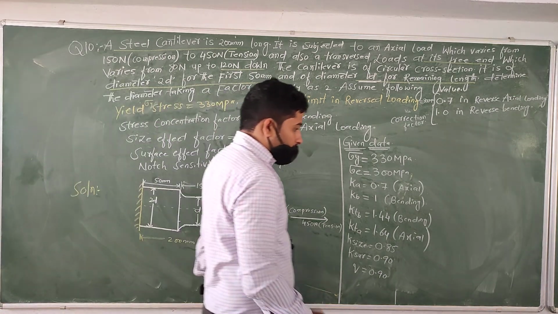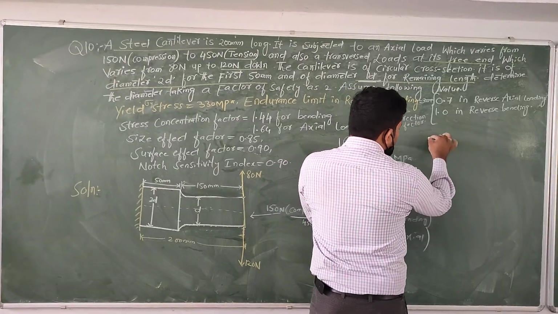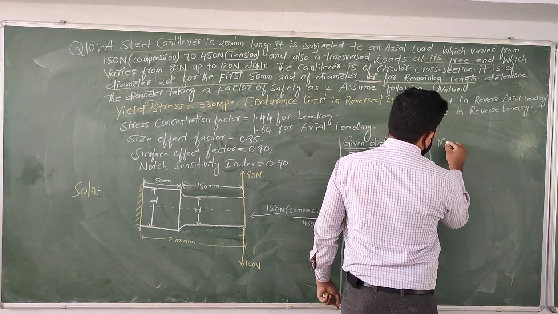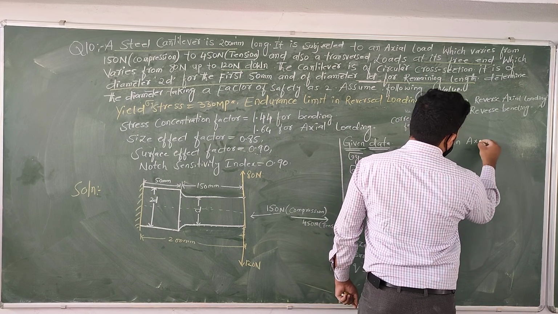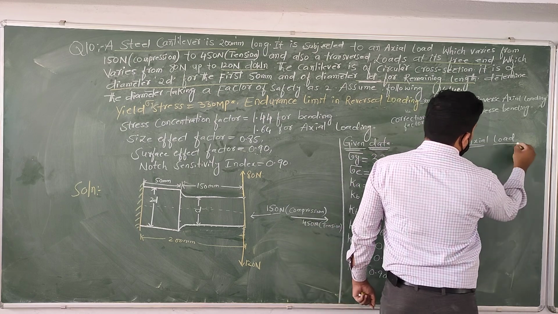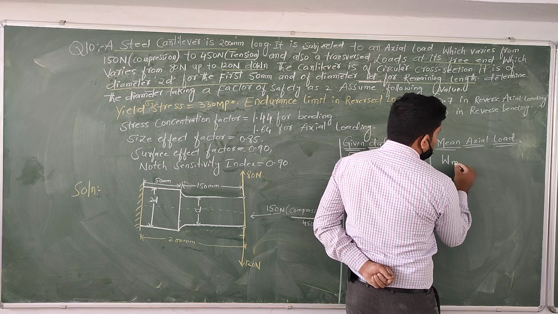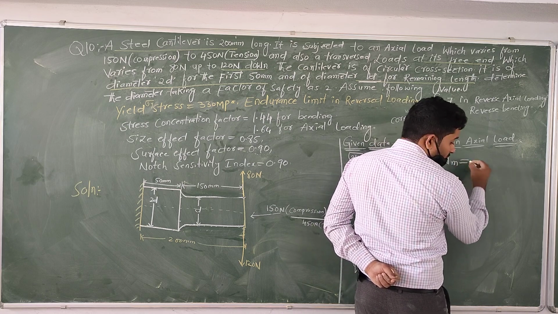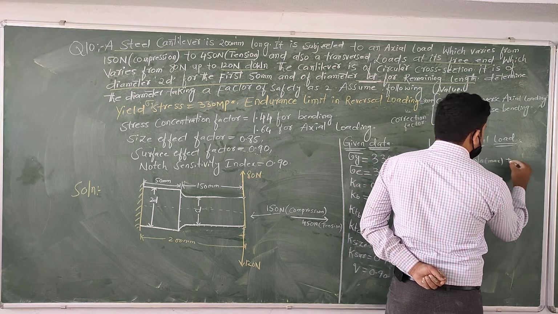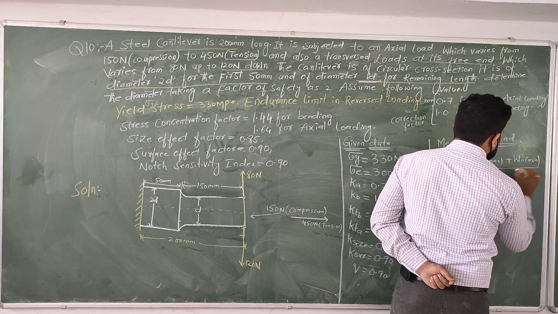Okay, dear. Then again we need to find out, first I am finding the mean axial load. If you want to find out, then we know very well mean load equal to here WA maximum plus WA minimum by 2.